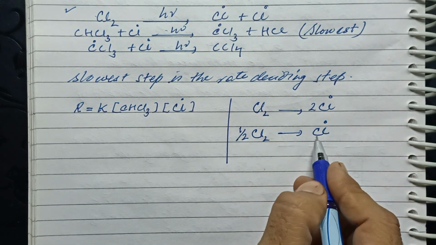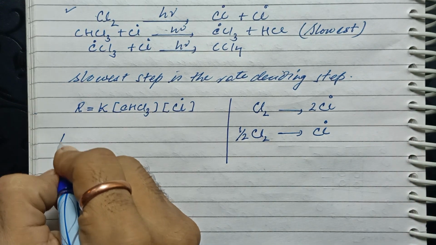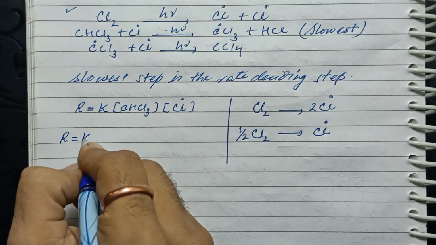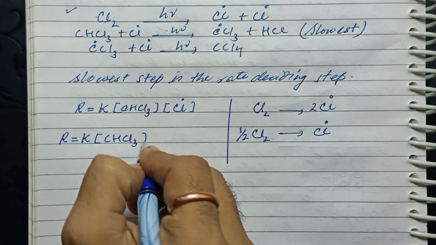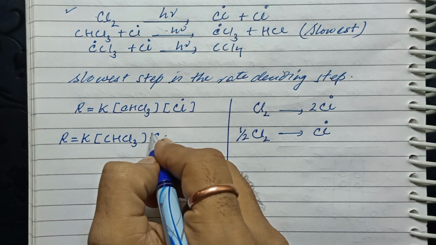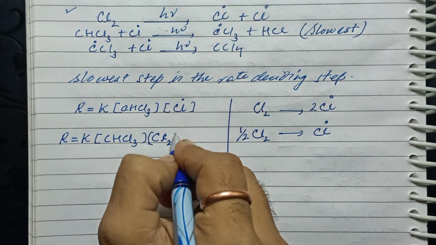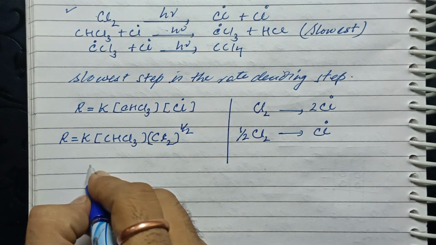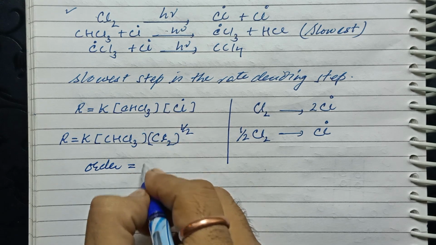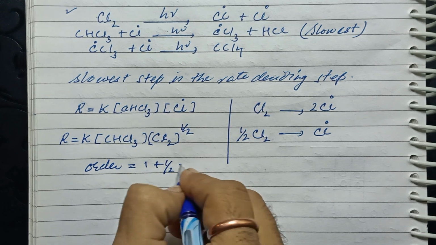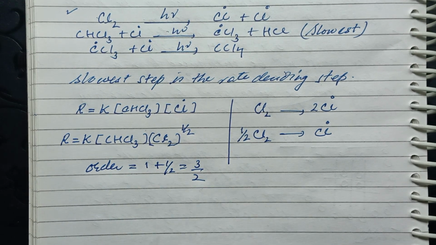We can write half Cl2 instead of Cl free radical. Therefore, R is equal to K CHCl3 Cl2 power 1 by 2. And the order comes out to be 1 plus 1 by 2, which is 3 by 2. So this is a fractional order reaction.